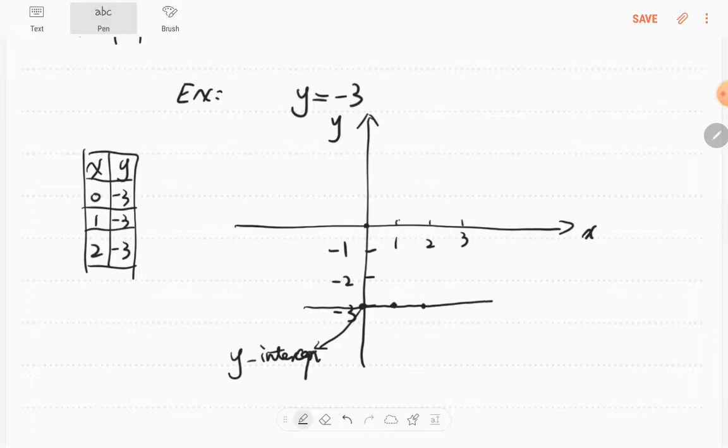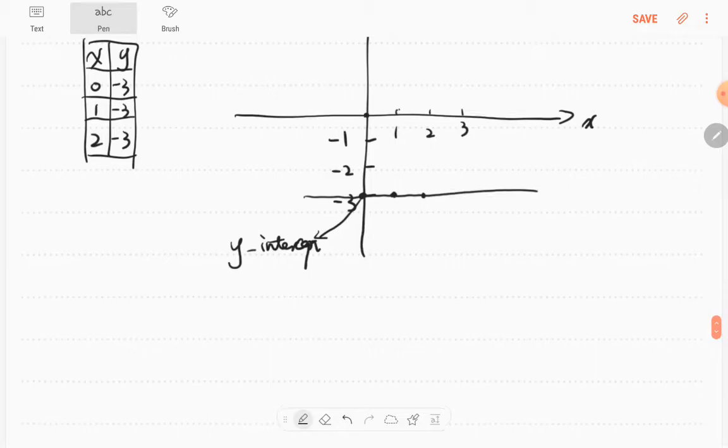If we connect the three points, we realize that's a horizontal line, which means it's parallel to the x-axis. That is, we will never get an x-intercept for this kind of horizontal line, because it's parallel to the x-axis. We only have the y-intercept.